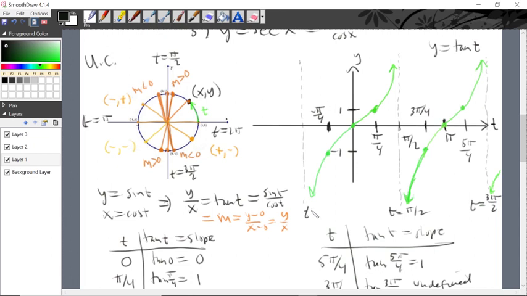That vertical asymptote would be found where t is equal to negative pi over 2. Negative pi over 2 would put us right here on the negative y-axis. Again, the slope of the line is undefined, so the tangent would be undefined. And then the pattern is going to continue to repeat after that as well. The next point over here where it's going to intersect the axis, what would be the coordinate there?